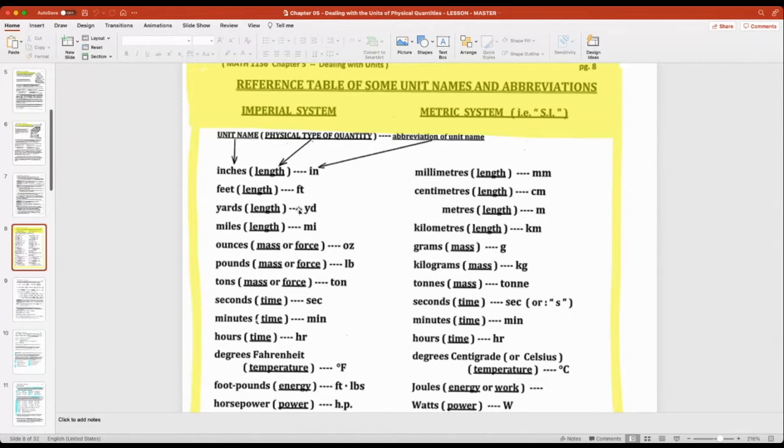Anyway, in terms of the two unit systems, there are certain quantities that are very straightforward for you to remember. Like if you see inches, feet, yards, miles, I expect you to know that those are imperial system. And if you see anything with meters, whether it's millimeters, centimeters, meters, or kilometers, I expect you to know metric system for those.